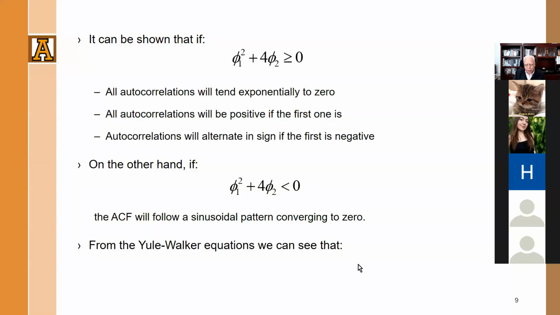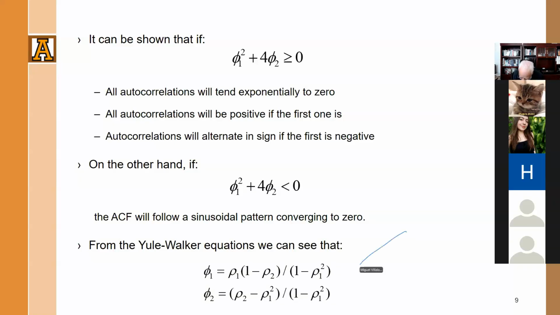Now, from the Yule-Walker equations, we can relate the parameters to the autocorrelations. And when we have an algorithm that uses maximum likelihood to estimate the parameters, phi1 hat initial, I'm going to put an I here for initial, is going to be R1 times 1 minus R2 divided by 1 minus R1 squared.